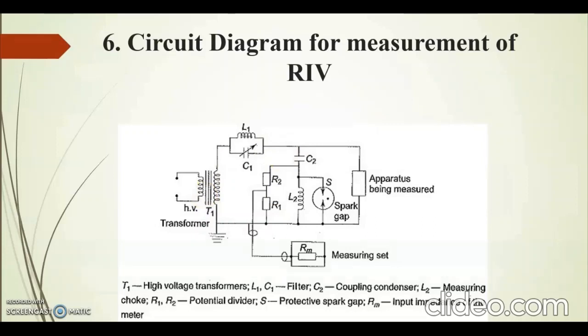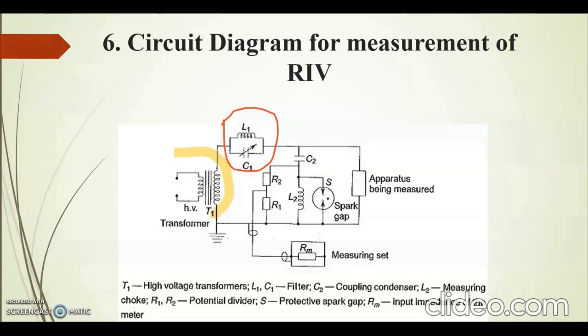The first stage is basically the HV transformer, which will act as the source side. Then we can see there is an LC circuit, which will act as a filter. Then this is the apparatus being measured. Suppose in a transformer there are bushings which may produce high frequency signals.